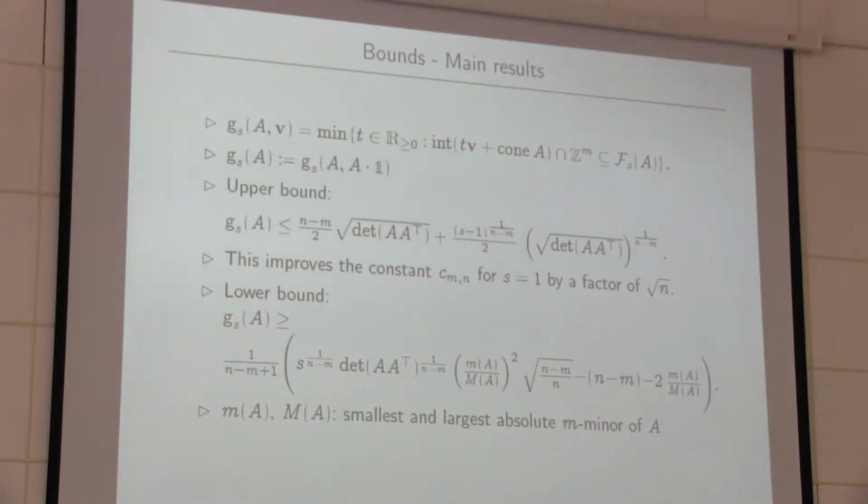And we also managed to obtain the first ever lower bound for the generalized Frobenius number. So this bound is more complicated. Here in this expression, small m and capital M denote the smallest and largest absolute minors of the matrix A.